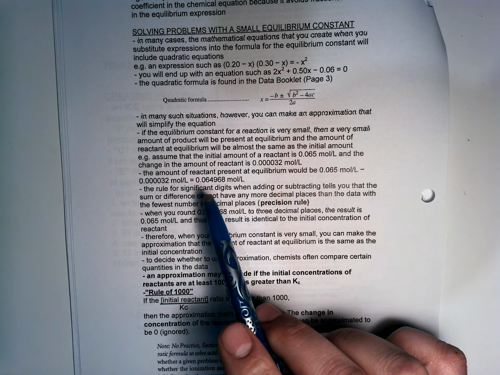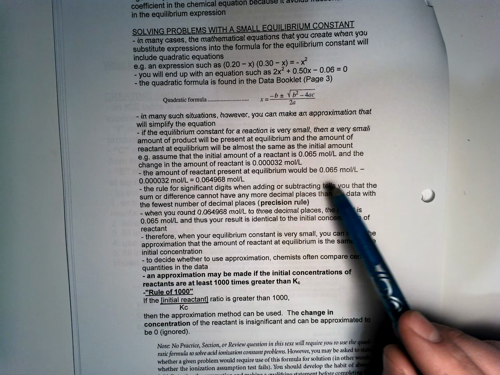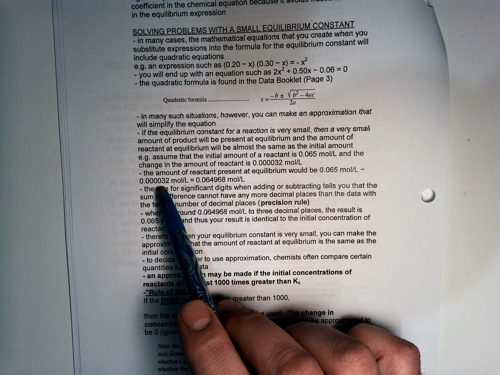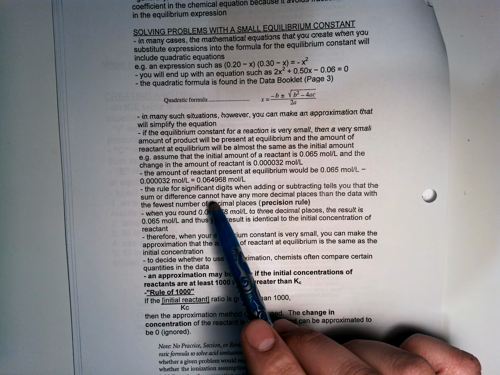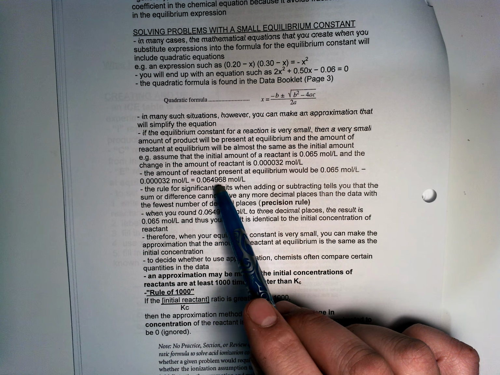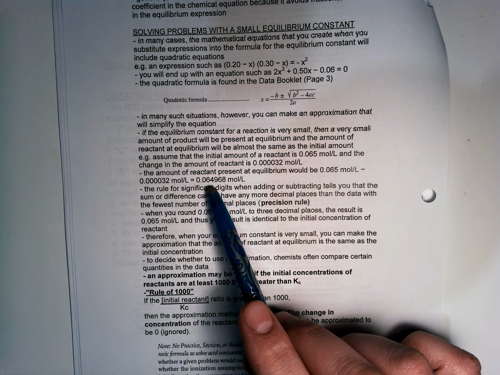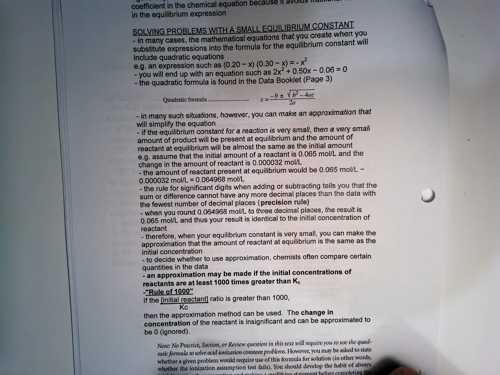If you subtract that, initial minus final, when we use the rule for significant digits and round to 2 sig digs, we end up with the same number, 0.065.